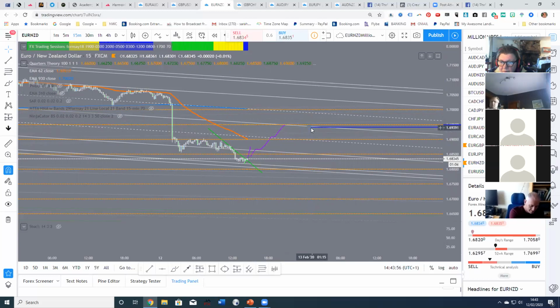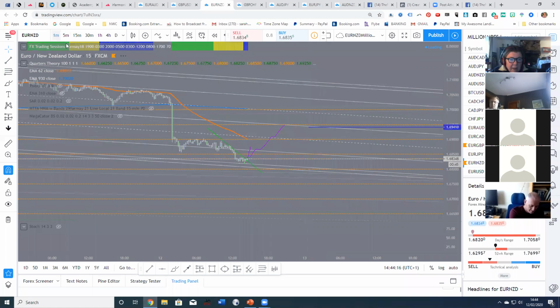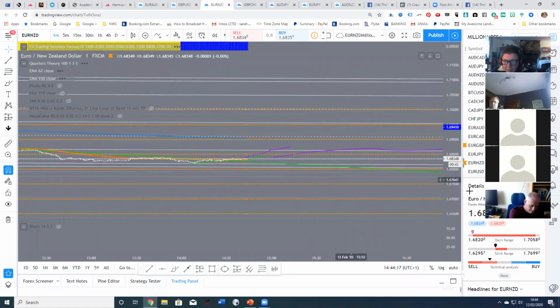Oh, that says 410 at the 50%. So watch out for it at the 410, but you might be able to squeeze it up to the 1.69500, because that's quarter theory. Okay, so that's EN. You'll have to keep an eye on it.